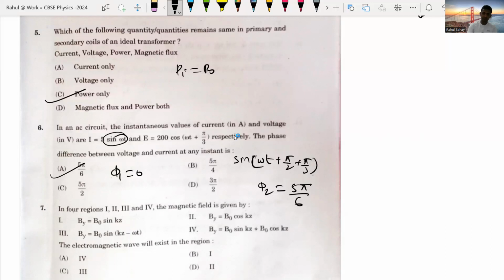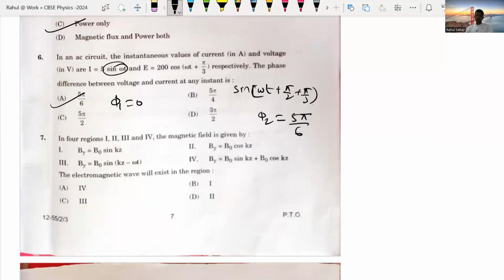The equation of magnetic field in an EMW, which is a transverse wave, right? Transverse electromagnetic wave. So the electric wave and magnetic wave are perpendicular to the propagation of the wave. And the equation of a sine transverse wave is Y equals a sine omega t minus kx.